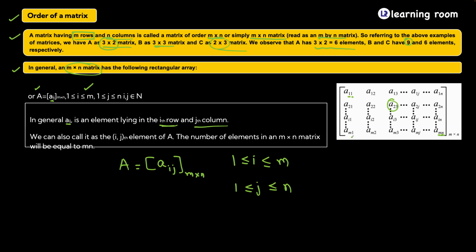What would be the element before that? a(m minus 1). These things are more important because this is what will be asked in your exam. They'll give you the general form and ask.